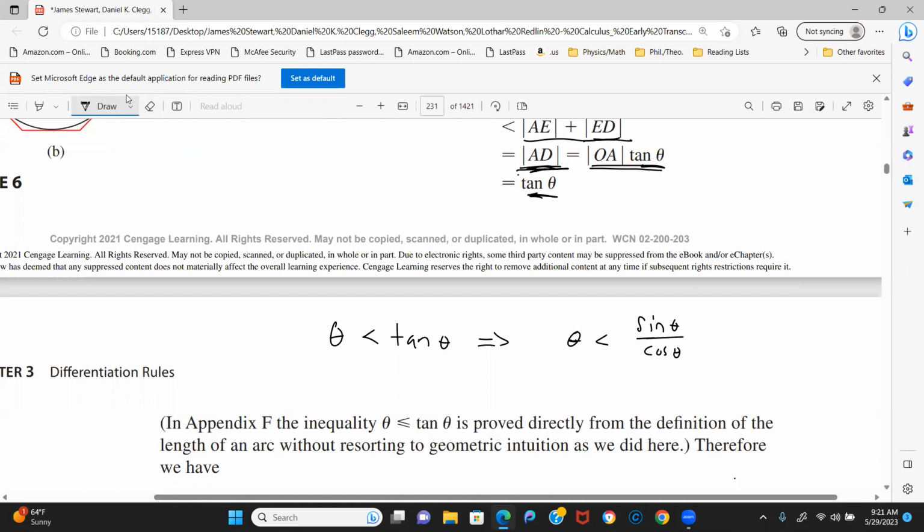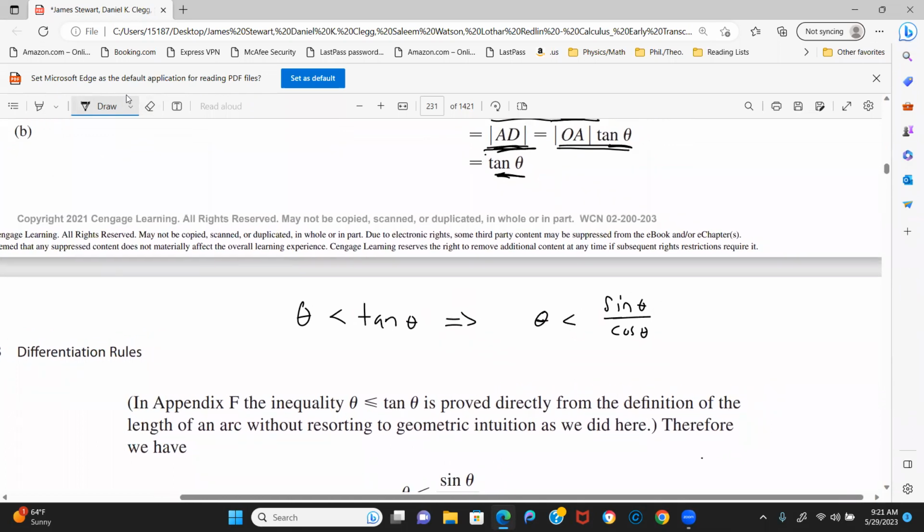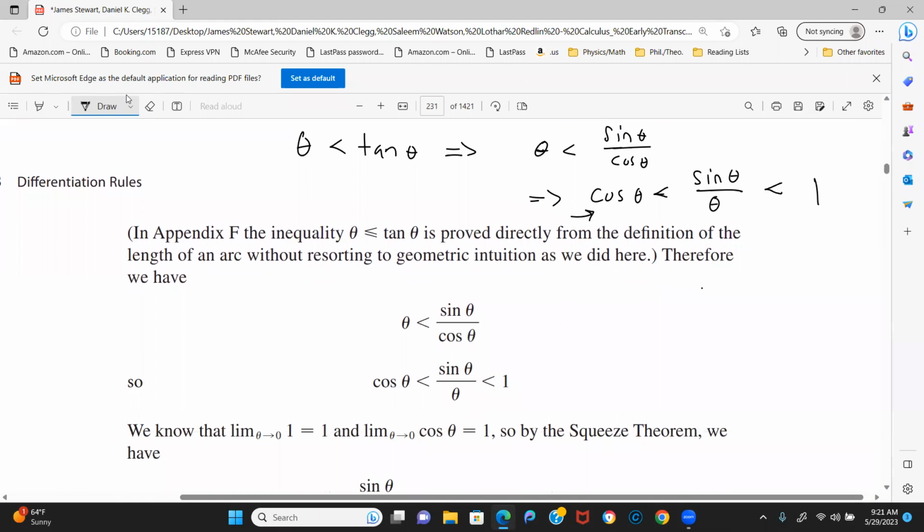And now I multiply both sides by cosine theta and divide both sides by theta, and I get cosine theta is less than sine theta over theta. So that's the other half of the inequality. But remember, we also determined that it was less than 1. So that's how I would get this.